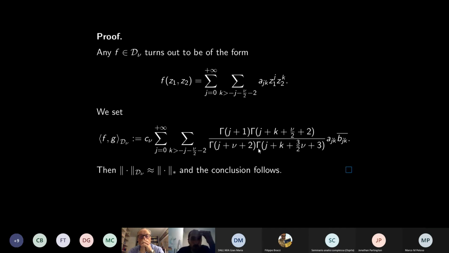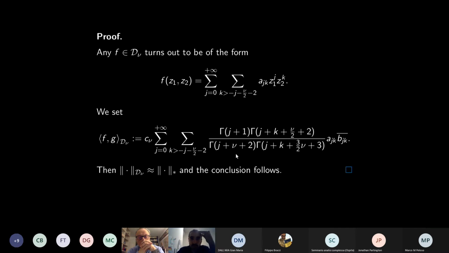And so the inner product that we define now is the following one. This is the very same coefficient that we saw in the power series expansion of the norm of a function in the weighted Bergman space. But this norm turned out to be equivalent to the norm we used to define the space.